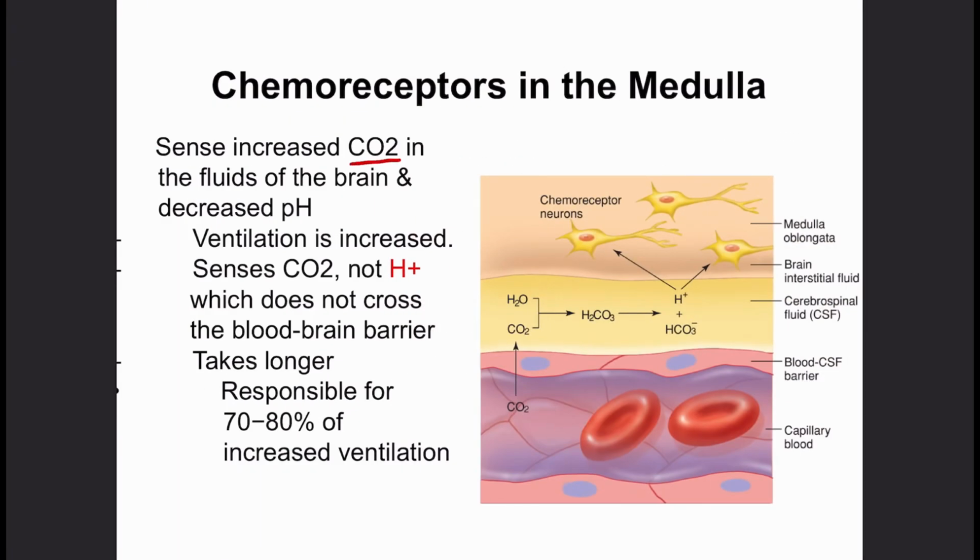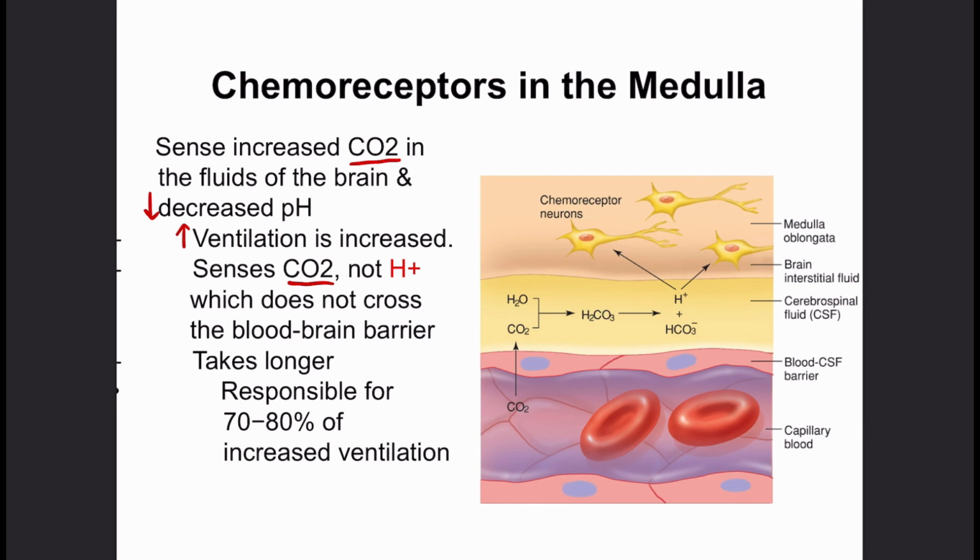Carbon dioxide is what is sensed in the medulla, and this is going to decrease pH because of that production of carbonic acid, and this will increase ventilation. This chemoreceptor is sensing carbon dioxide, not hydrogen ions.